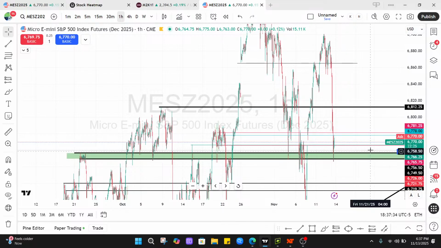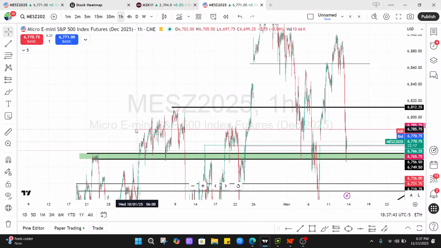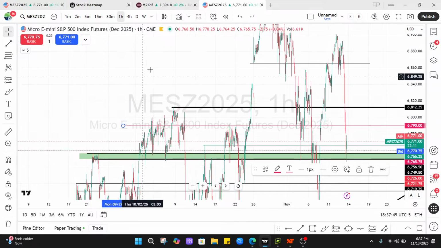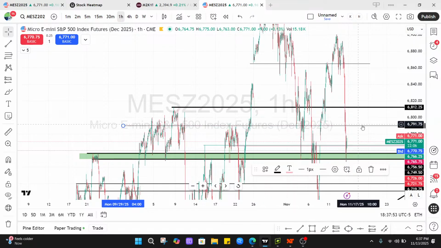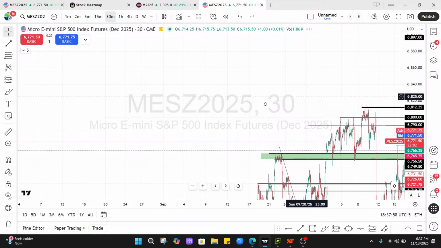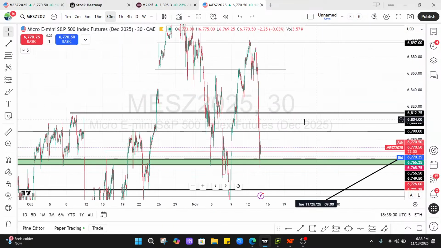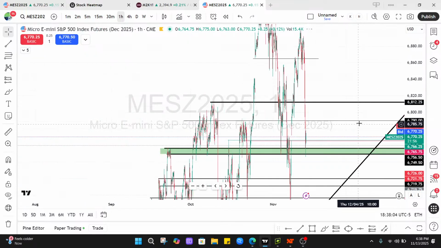Alright, so I'm going to have to fix some of these levels as we speak. I want to fix that. I want to fix that. And I actually think I want to refine that. Yeah, that's on the hourly. I want to refine that. Alright, just real quick, look at the 30 minute. Back to the hourly.